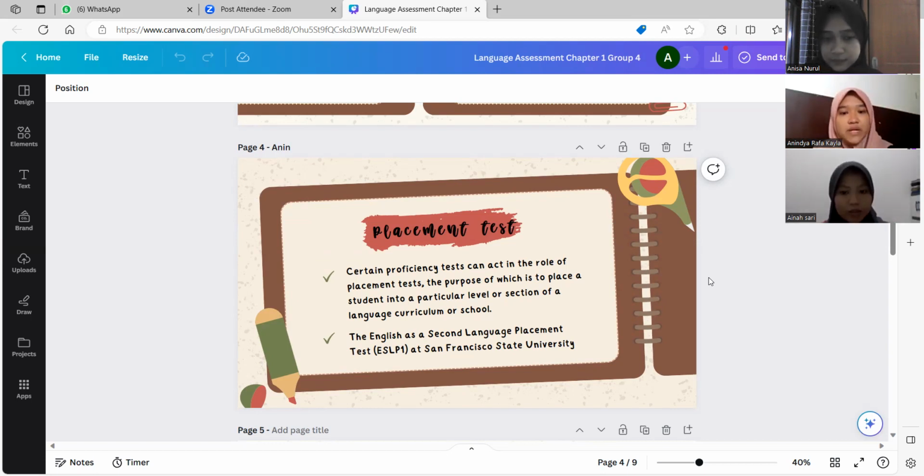One example of a placement test is the English as a Second Language Placement Test, or ESLPT, at San Francisco State University. Based on this example, there are three parts in this test.